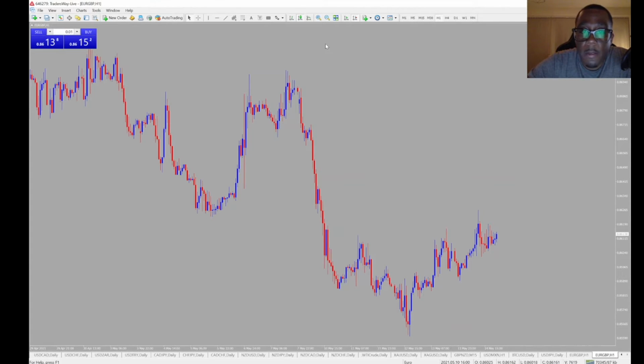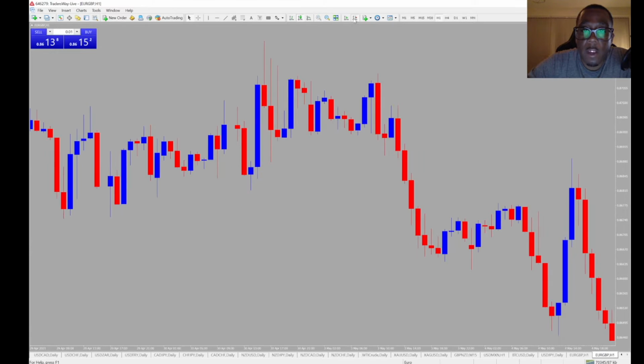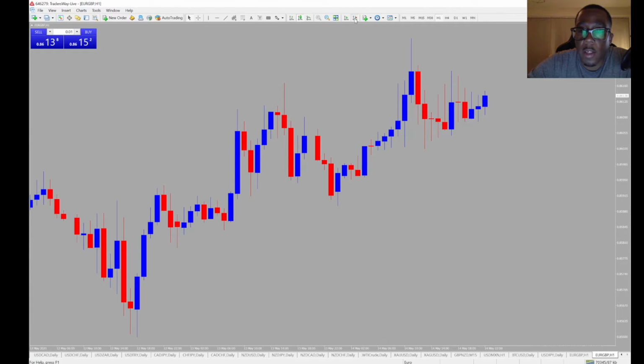So for instance, if we go down to this pair, we zoom right in. Now let's take the first candle, which is going up. This whole candle, from the bottom where the wick is, all the way to the top of the wick, is 5 pips.